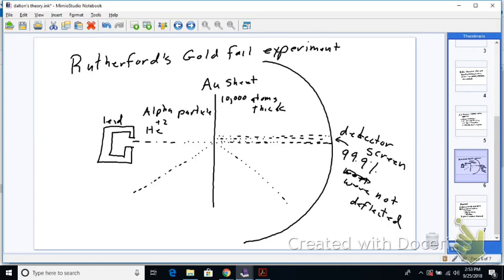Inside that lead box they had a radioactive material. It gave off radioactive particles, and they're called alpha particles. Those alpha particles were directed toward a piece of gold foil. Later on it was found to be 10,000 atoms thick.